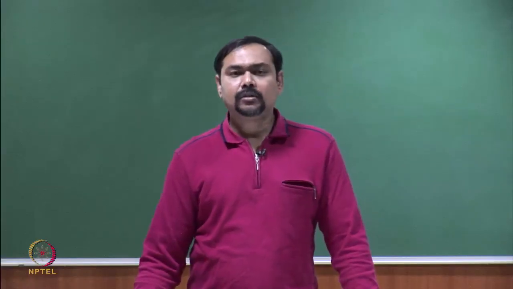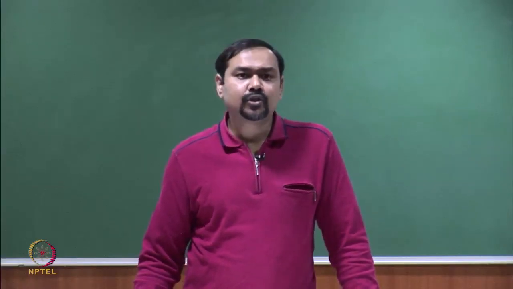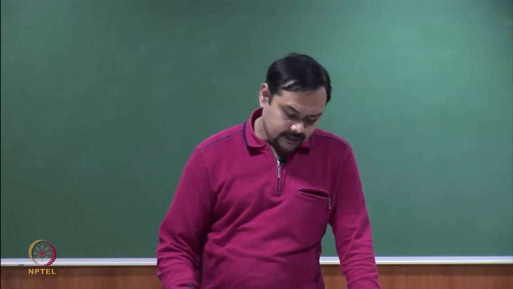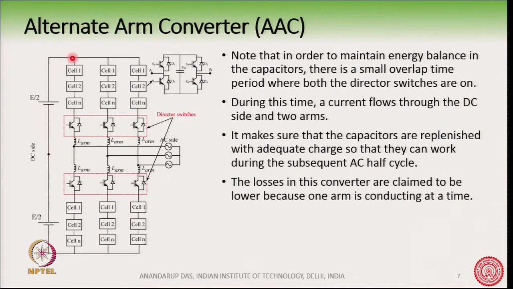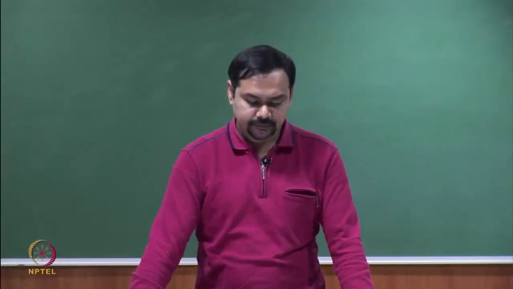When they are turned on, it is as if there is a short circuit, and a current will flow through this path, through the DC link and through both the arms. This is the DC current that will flow, and this current makes sure that the capacitors are again charged back, so that they can work in the subsequent AC half cycle.